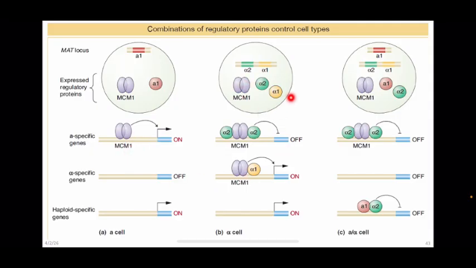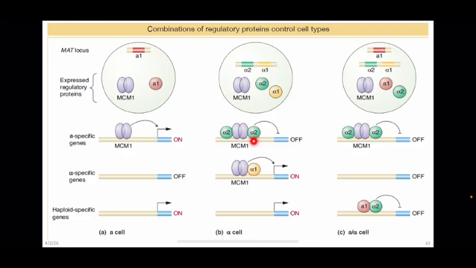But it is different in the alpha cells. The alpha cells have MAT alpha, which encodes two proteins, alpha 2 and alpha 1. Because MCM1 is present in all yeast, MCM1 has to be repressed or inactivated, because if it is left on, it is going to encode A proteins.